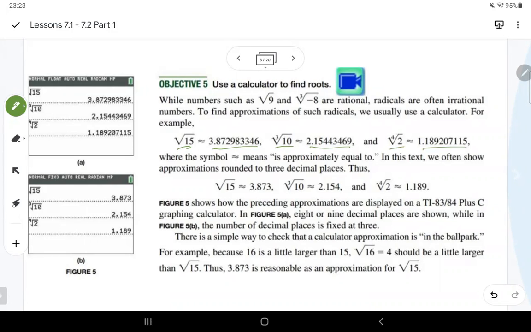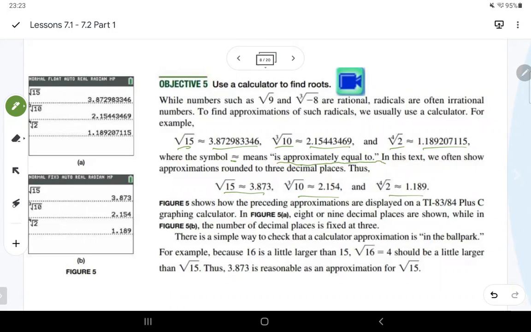The symbol that looks like a squiggly equal sign is read as approximately equal to. In this text, we often show approximations rounded to 3 decimal places. So here they give them to you again.